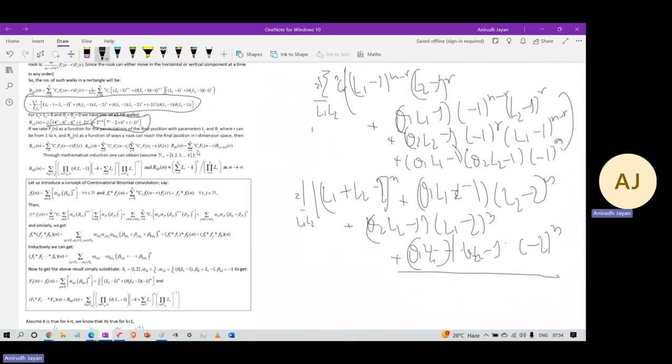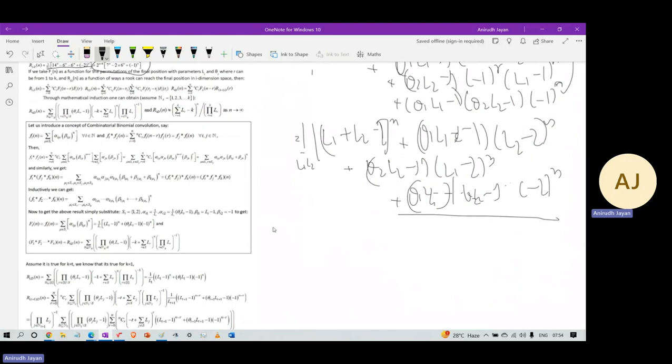Now if we assume R2D of n as the number of ways a rook can move in a two-dimensional board with theta1, theta2 as parameters, and R3D of n for theta1, theta2, and theta3 as parameters for three-dimensional, and RKD up till theta k for a k-dimensional board, the number of ways a rook can move in n ways.